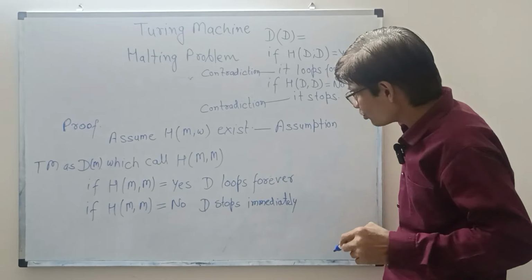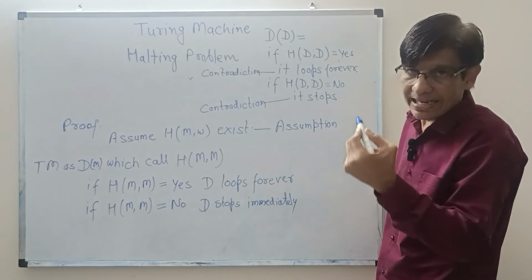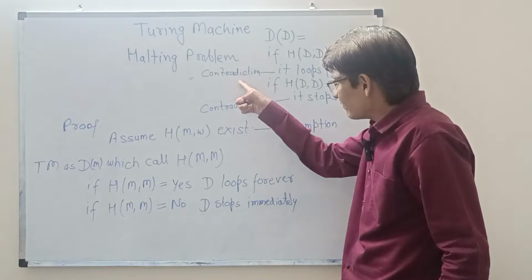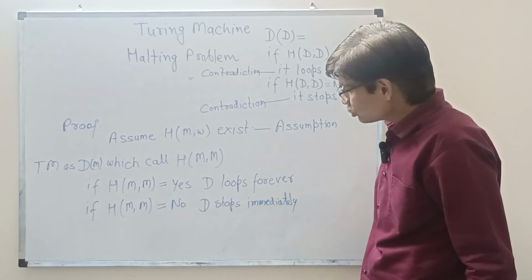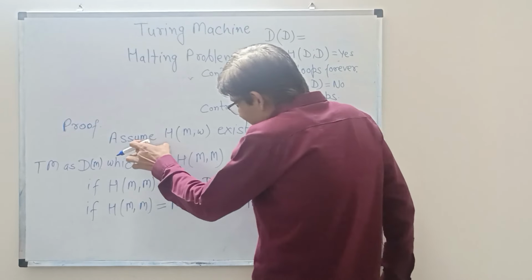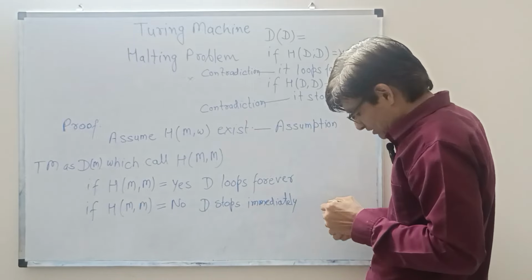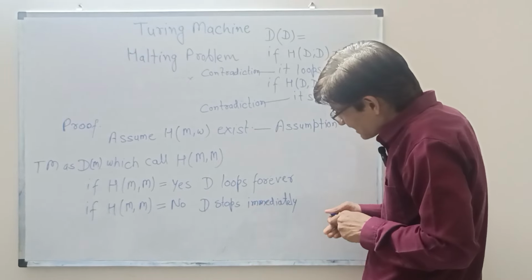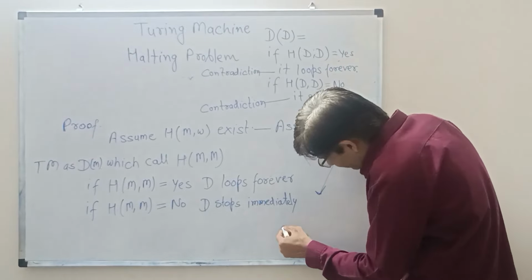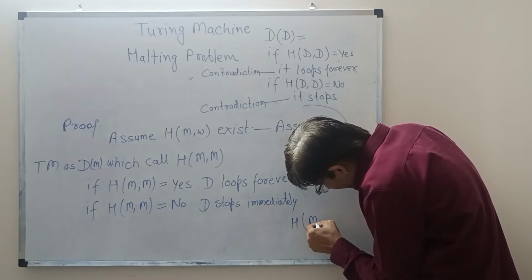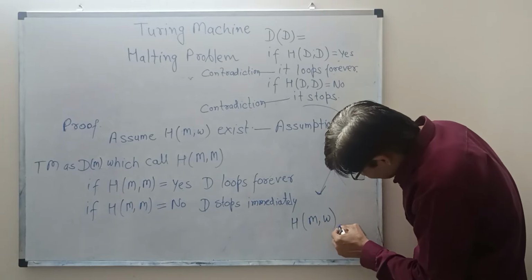We have assumed a solution for the halting problem exists. As we are getting a contradictory result in both cases, that means this doesn't exist. So we can write that H(M, W) doesn't exist.